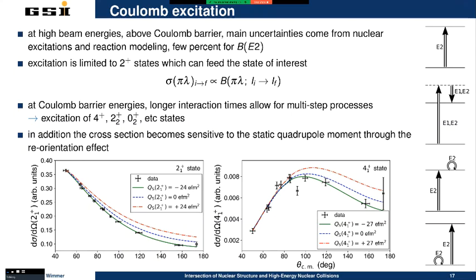I have another slide on this exact process as well, but it's a kind of a virtual excitation of the state in itself, right? You can reorient the state. You change the magnetic substate distribution in the second step. But that changes your overall cross section.